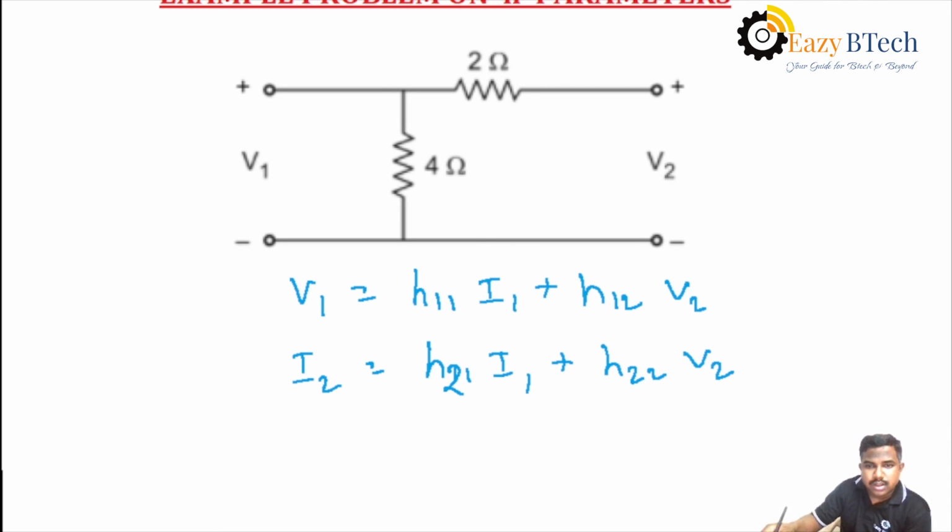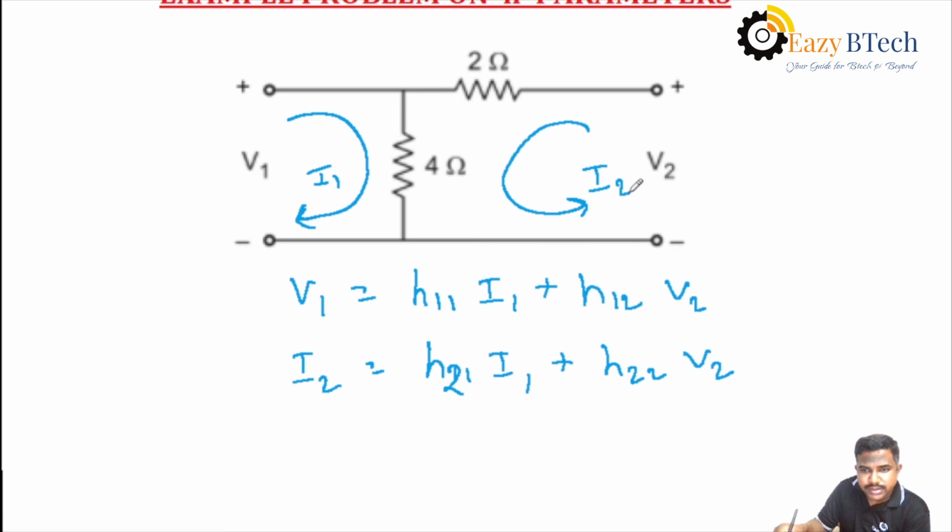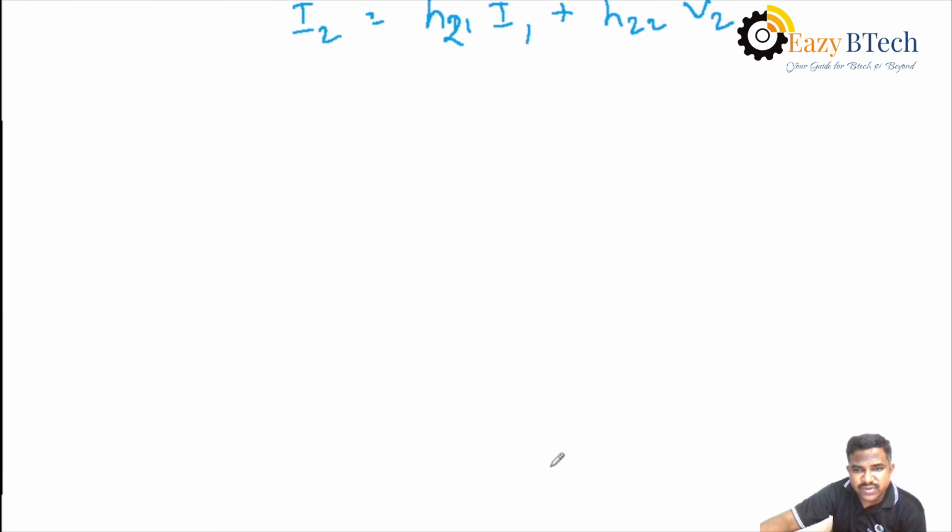Okay. Then the given problem, first consider the loop current is I1. Similarly, the loop current is I2. Then apply KVL for the first loop. In the first loop, we have only one element, that is 4 ohms.